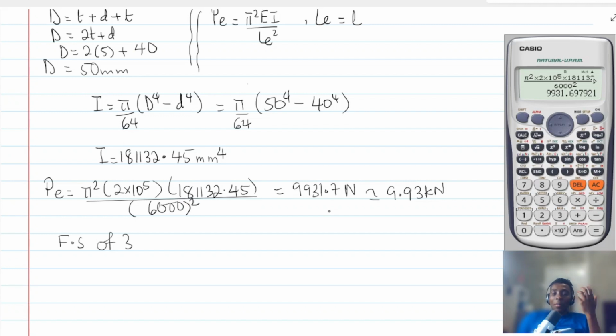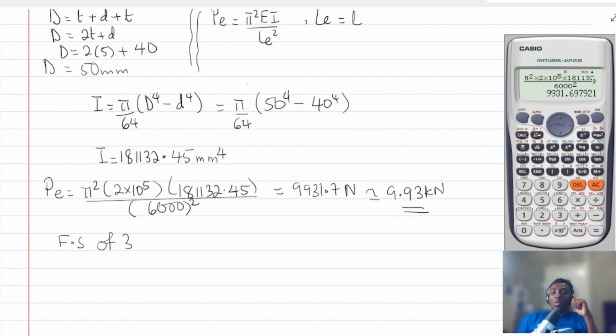Think about it this way: if this 9.93 will fail it, then we want to design for 3 times less than this.